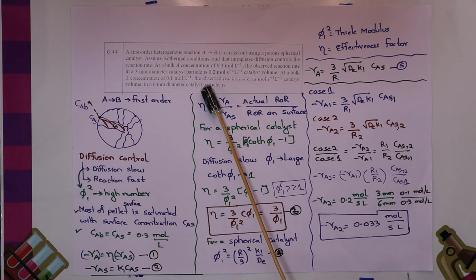The question asks for the observed rate of reaction in mole per second per catalyst volume in a 6 mm diameter particle. Two different cases are given.